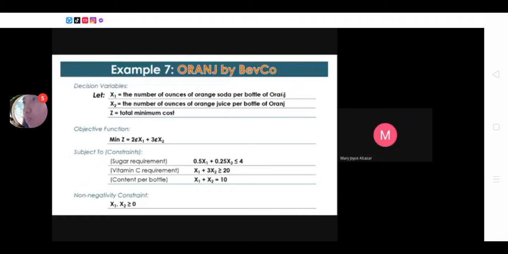Then we have 3 constraints. The first is for the sugar requirement: 0.5x1 + 0.25x2 ≤ 4. For the vitamin C requirement, that is x1 + 3x2 ≥ 20. And the content per bottle is x1 + x2 = 10. Then all the variables, x1 and x2, are greater than or equal to 0.